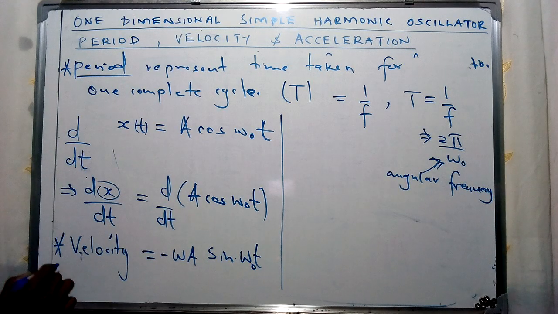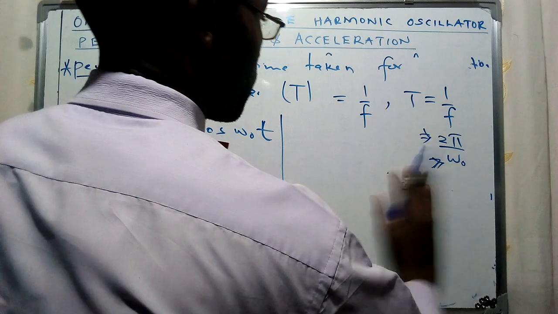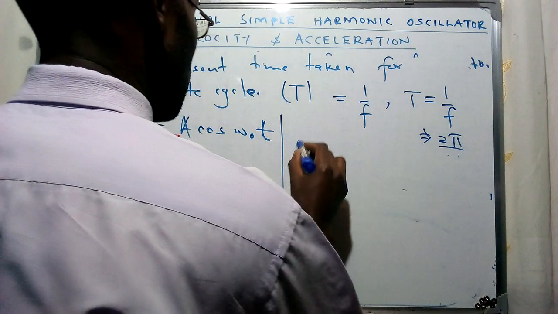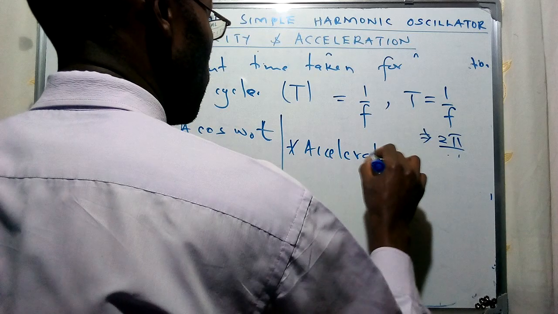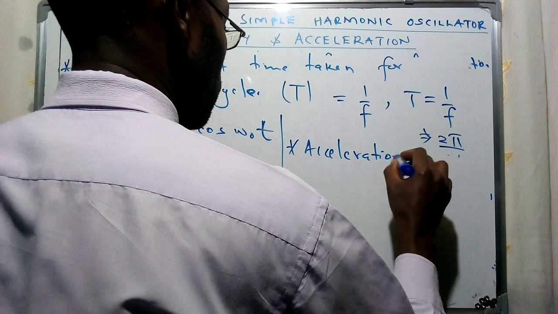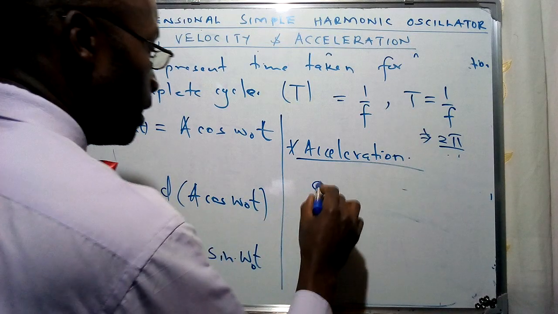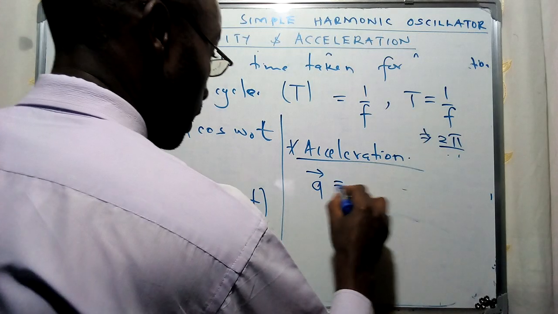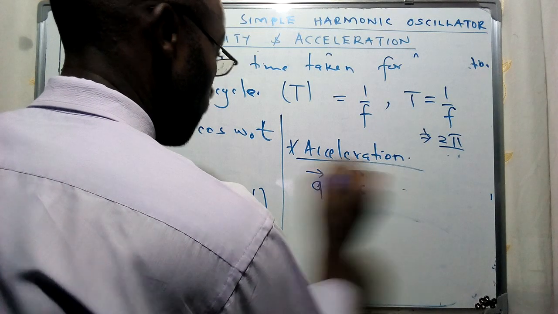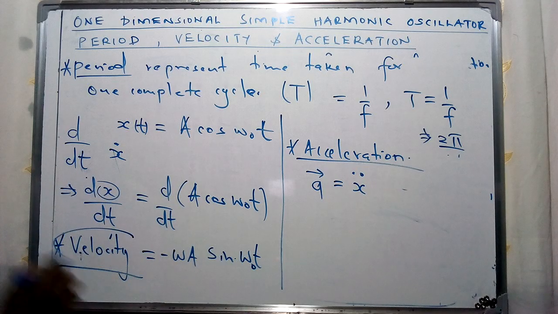So this is going to be our second aspect from the period which we are going to determine. And as we said, we can as well represent acceleration in terms of the simple harmonic oscillator, whereby acceleration is given in terms of the second derivative of this specific element of x. So this was our first derivative which we had analyzed in order for us to find velocity.